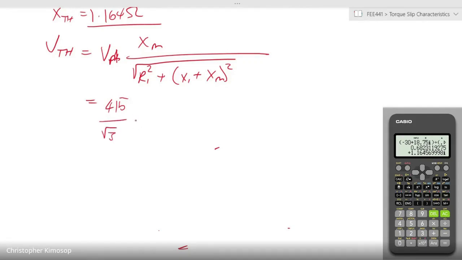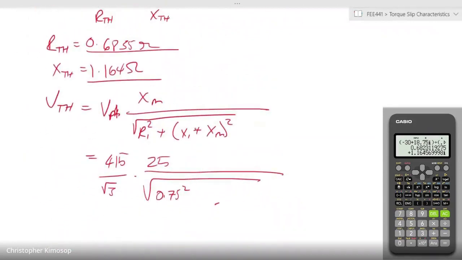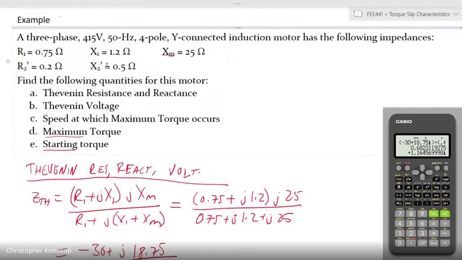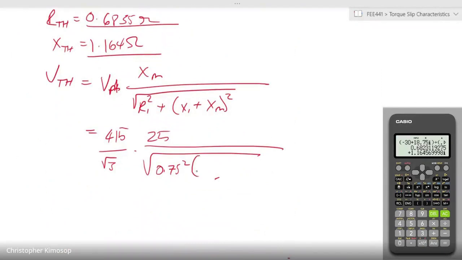Phase voltage is equal to that; you divide by the square root of 3. XM was 25 over the square root of 0.75 squared, was that R1? Yes, R1 is 0.75 squared, plus X1 plus XM, X1 is 1.2, XM is 25, squared.